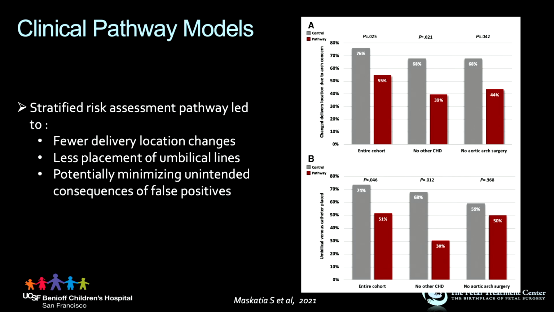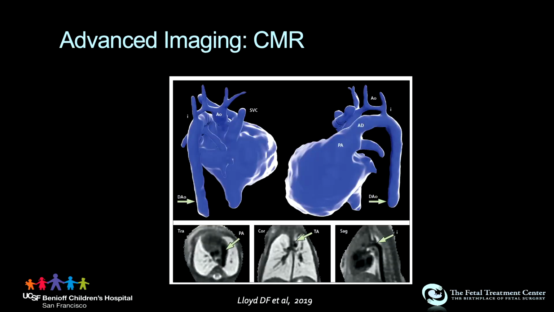And then finally, we talked a little bit about MRI this morning, but it does seem that some advanced imaging modalities like cardiovascular MRI can be a useful adjunct to fetal echo or ultrasound. This has really been spearheaded by the group in London, where they've looked at cardiac MRI to assess extracardiac vessels, including the aortic arch.